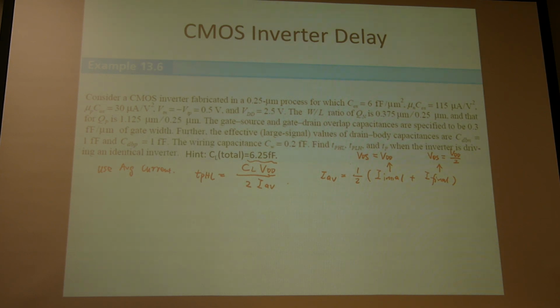And we discussed this is saturation and this is triode. So you just need to find those two currents, the saturation current and triode current for this NMOS transistor. This tPHL is NMOS pulling down.